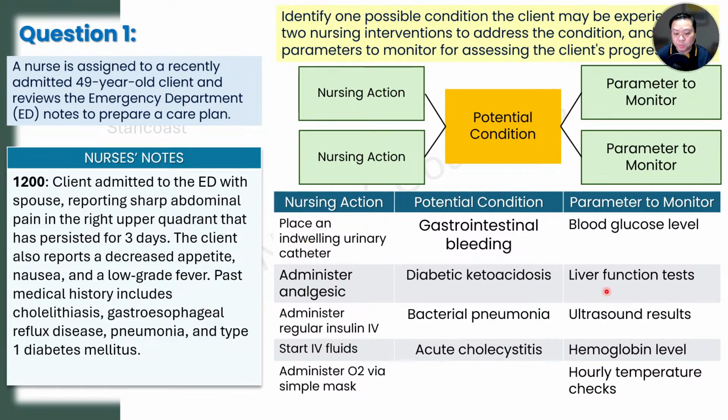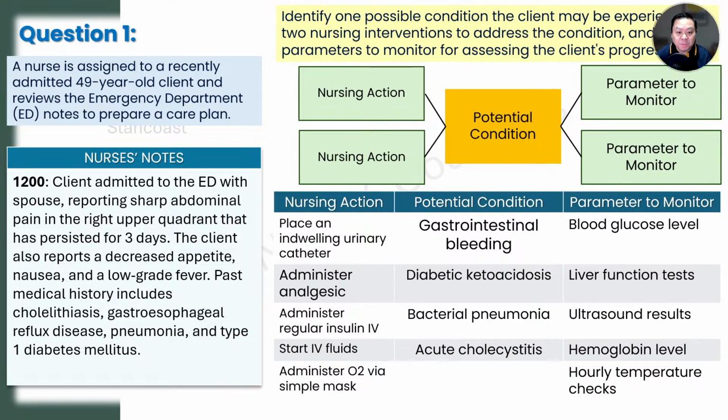So I really want you to focus first on identifying the condition that this patient probably is having. Now, what you're going to do here is to really focus first on answering the middle section, which is the central well. And in this case, your task here is to identify the client's condition based on the nurse's notes.